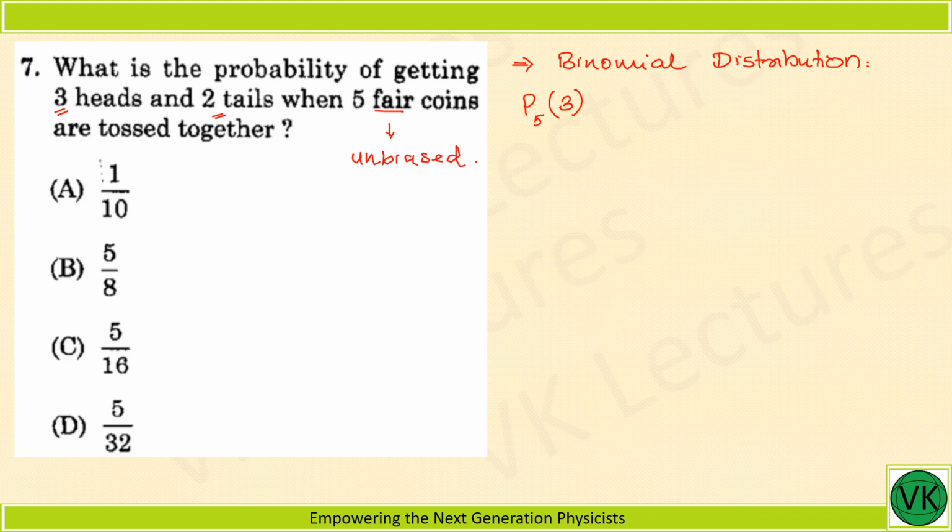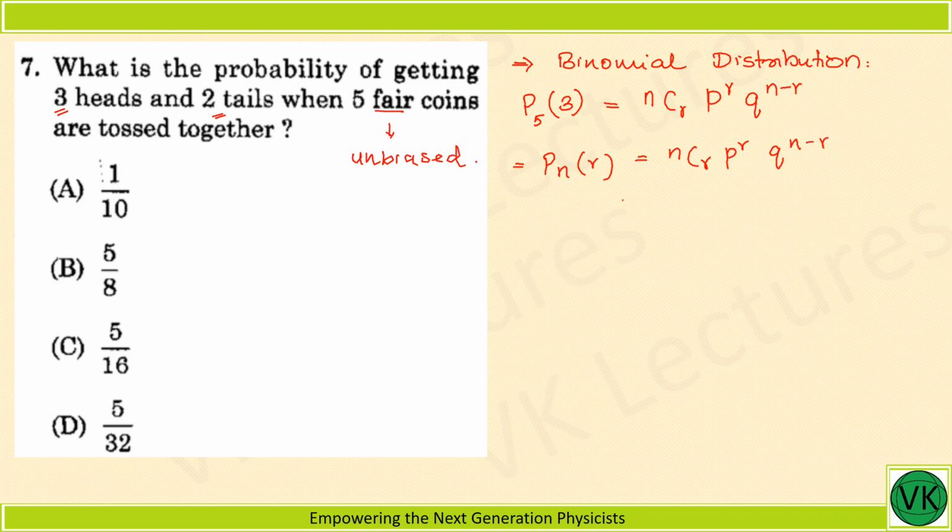So the probability of getting r in favor out of n trials is given by nCr, that is the combination, out of n trials, times p to the power r, that is the favorable probability, times q to the power n minus r. So this is Pn of r, that's given by nCr p^r q^(n-r).